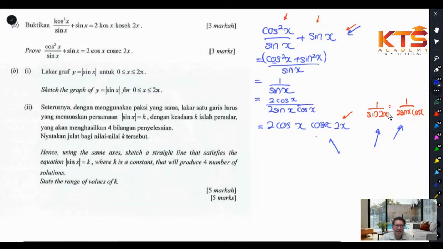Okay. Then after that, I will get 2 cos x over sine 2x. And finally, my sine 2x is turned to cosecant 2x.